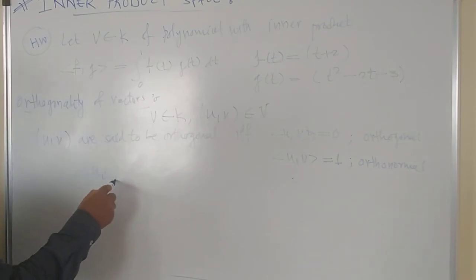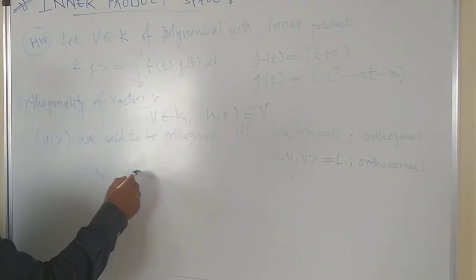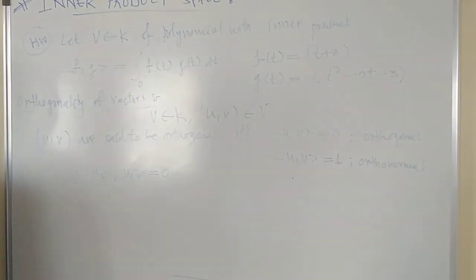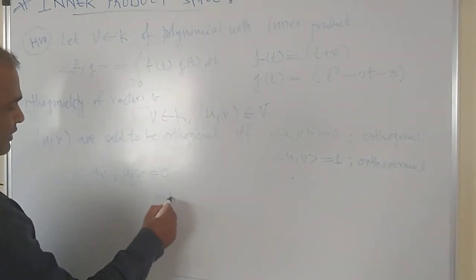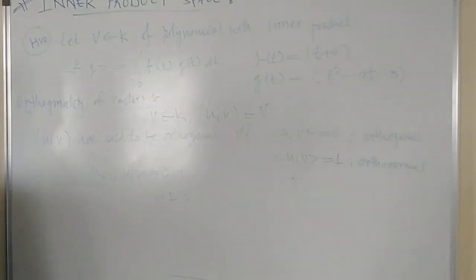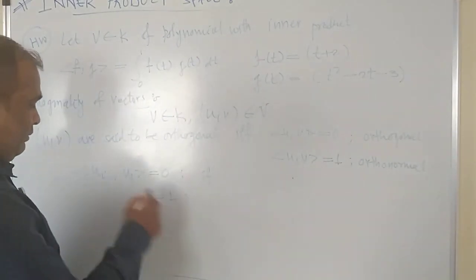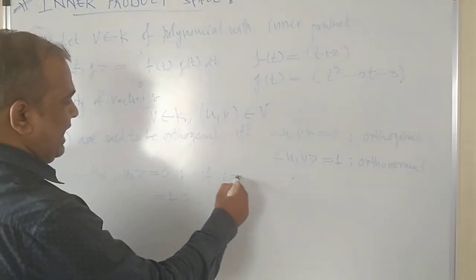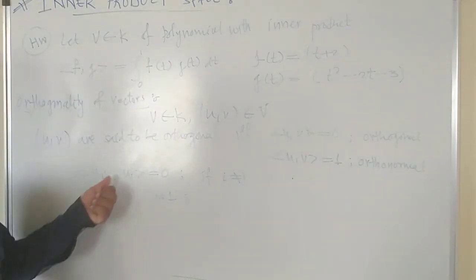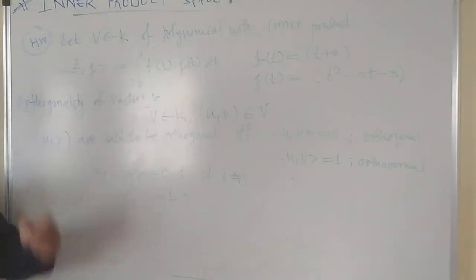If there are two vectors ui and uj, right? If this inner product is equal to 0, then it is orthogonal vectors, but one more condition is that i and j must not be equal. If i and j are equal, that means both vectors are the same, then that will be a 0 vector.